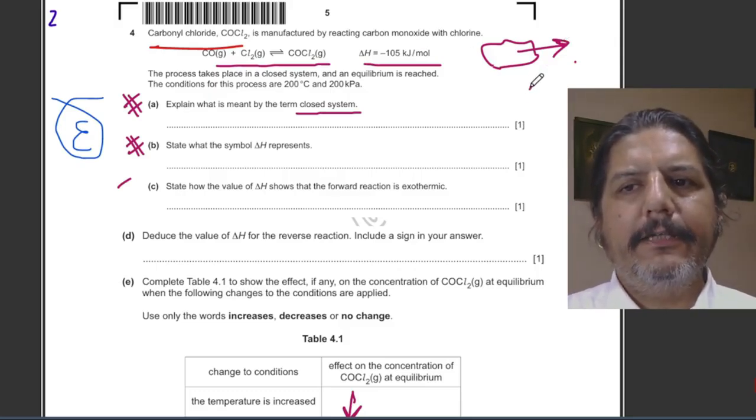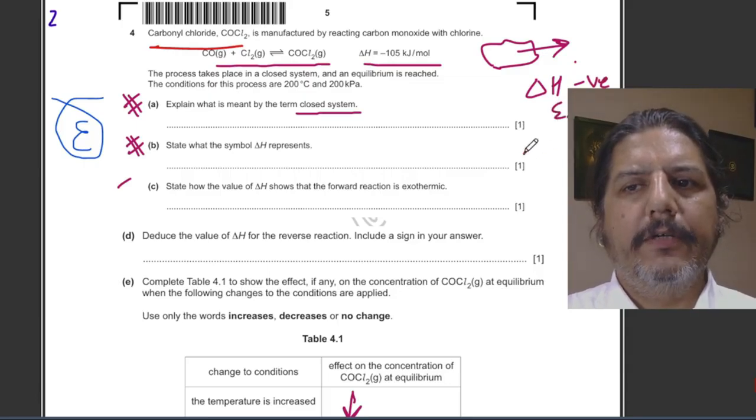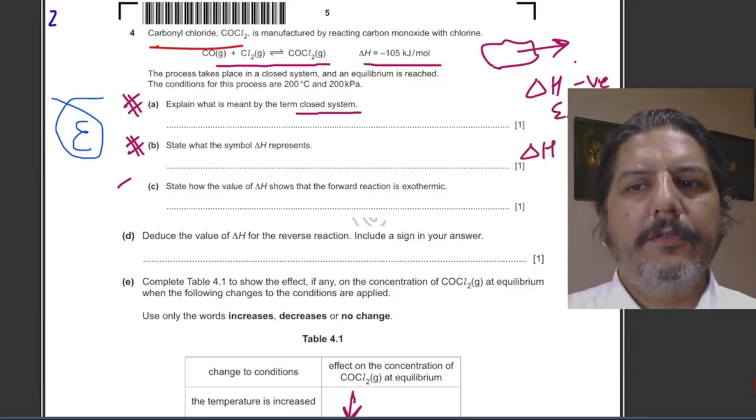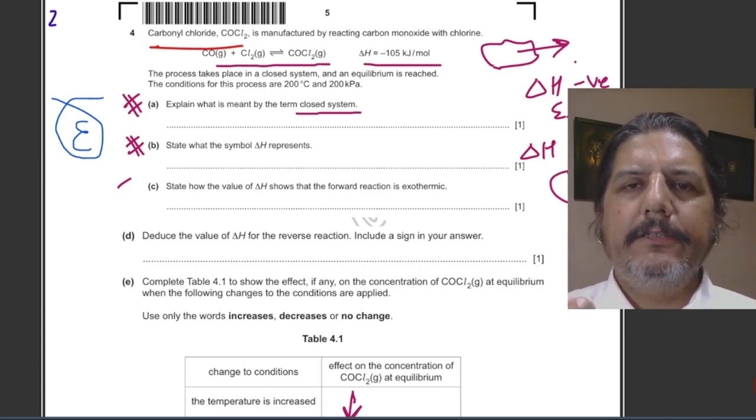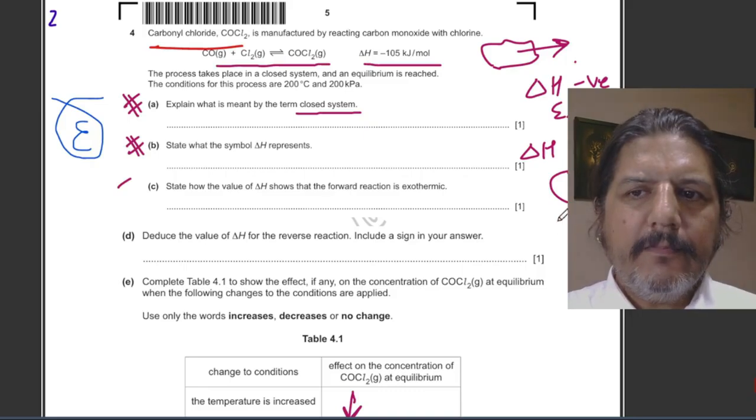Whenever you see delta H to be negative, it is always an exothermic reaction. Whenever delta H is positive, basically what it means is that the system has gained energy. The net energy is gained. So this would be an endothermic reaction.